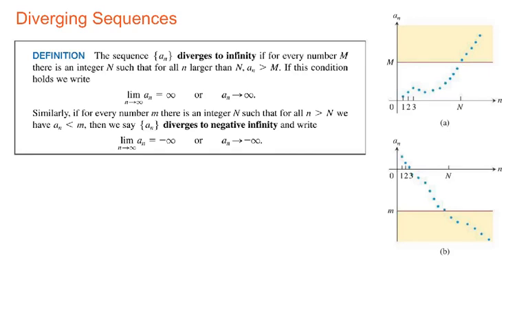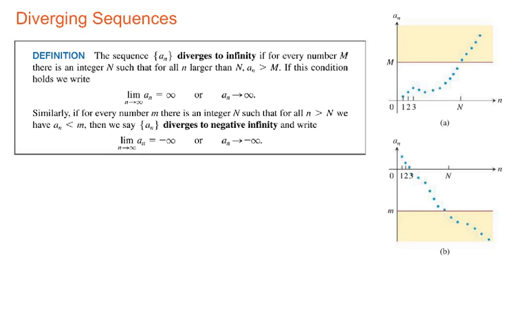Moving forward, we'll talk about diverging sequences. We did an example in the last video where we showed something was divergent by essentially showing it can't converge. If it can't converge, it must diverge.